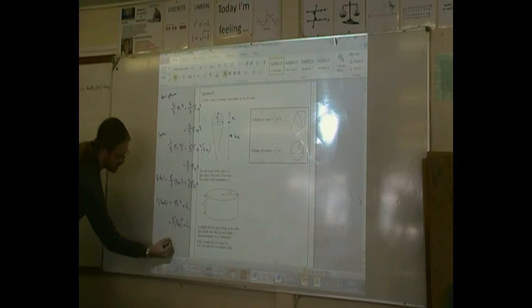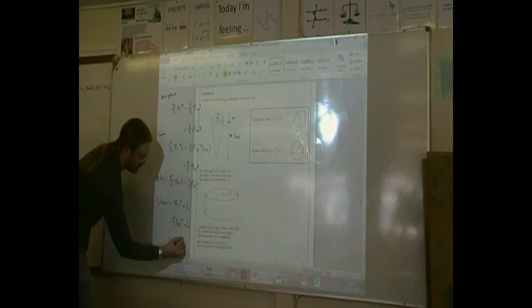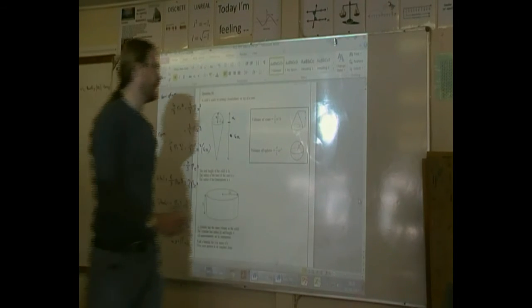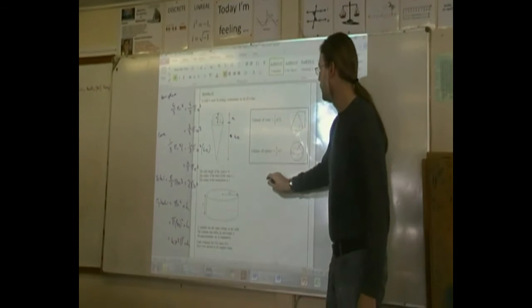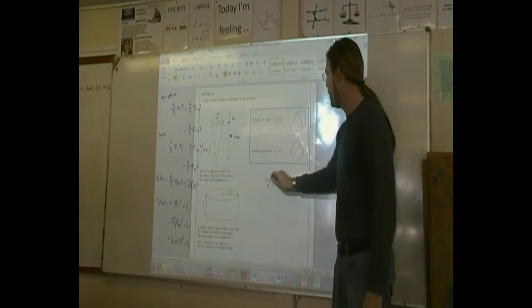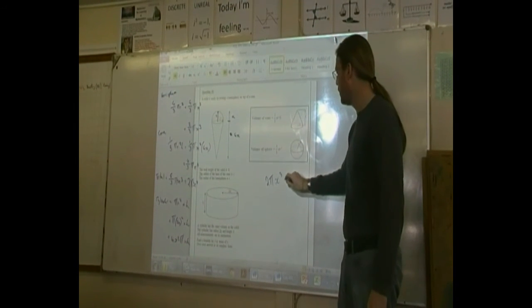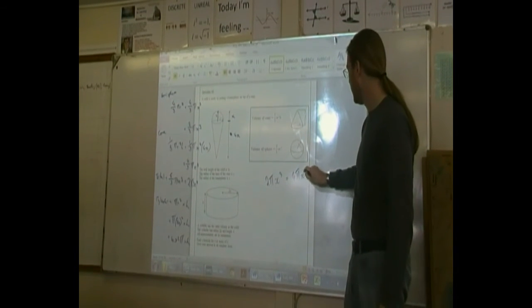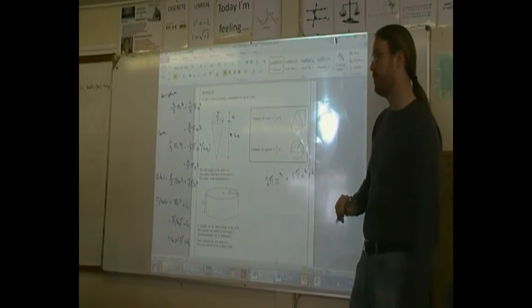So 2x squared is 4x squared, pi times h, and then we make those two equal to one another. So 2 pi x cubed equals 4 pi x squared times h.